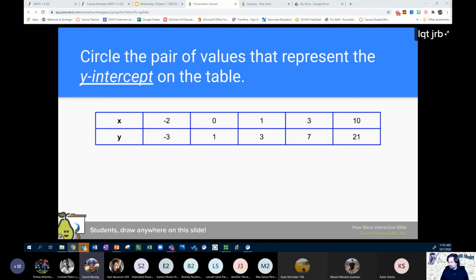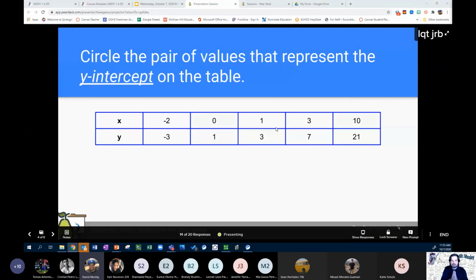Christian says that he doesn't know how to do this exercise. Oh, like how to do the circle? Or just how to find the value? How to find a value. Okay. So when you're using a table, here, let's do this on here.